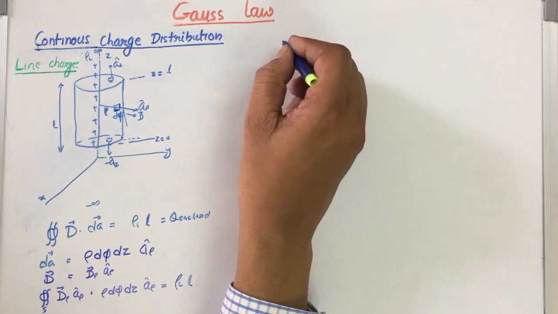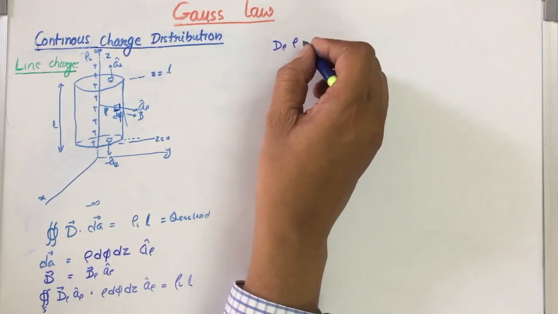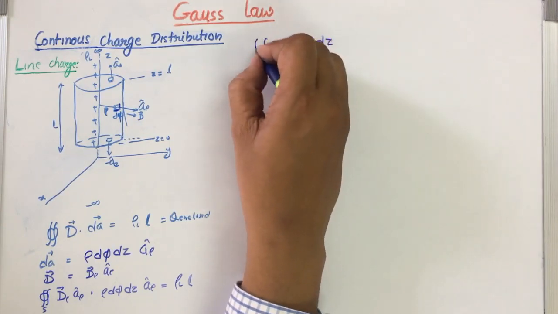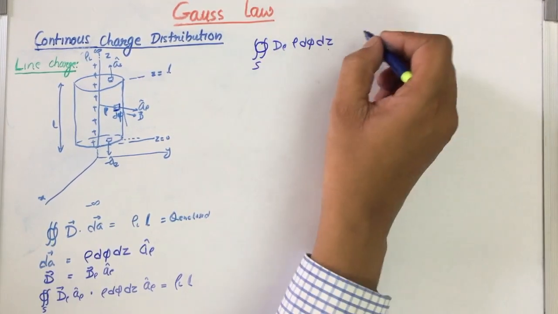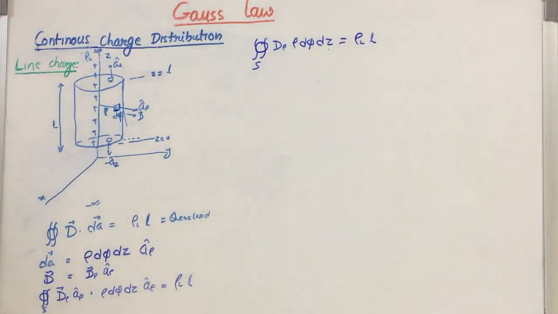So from there you can write D rho times rho d phi dz over the surface is equal to rho L times length L.